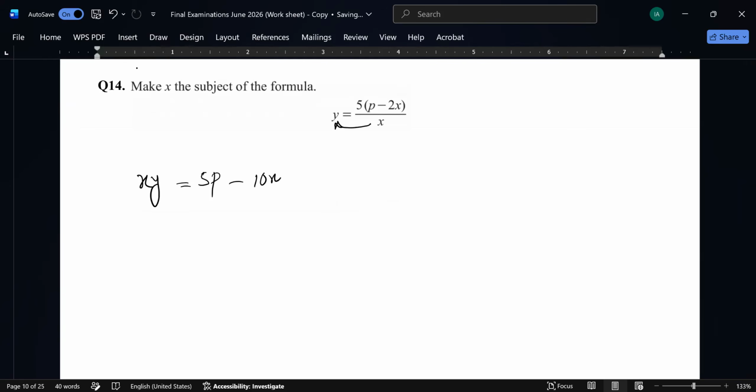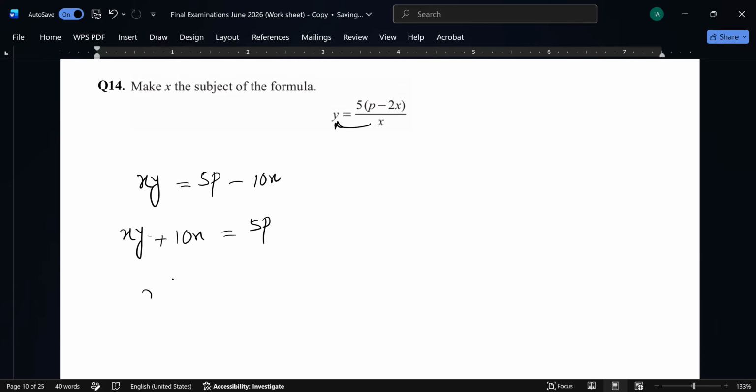Okay, now the interesting thing is x. Again, the problem is x is on the right hand side and also on the left hand side. So let's bring them together. So it means xy, and I'm bringing 10x here and the 5b is still there. So there is no x in the 5b. Let's take x common.